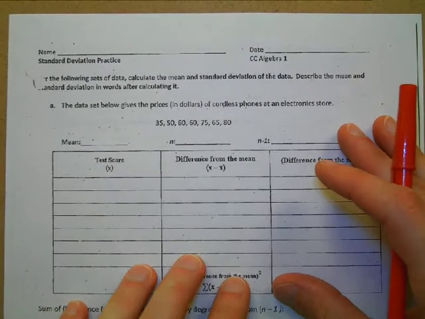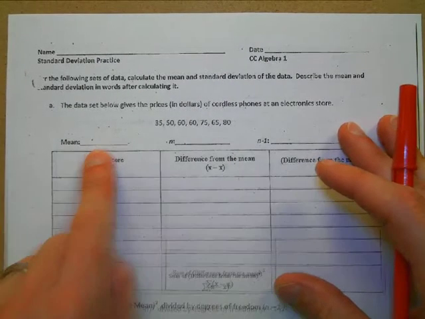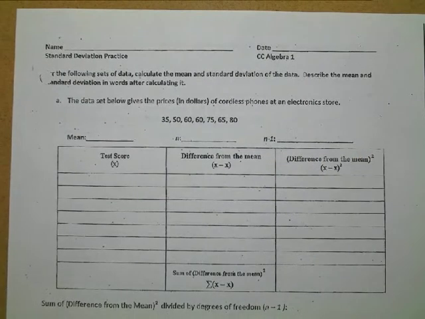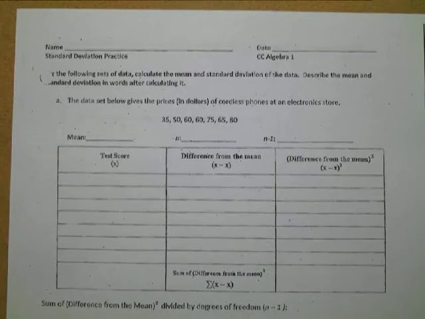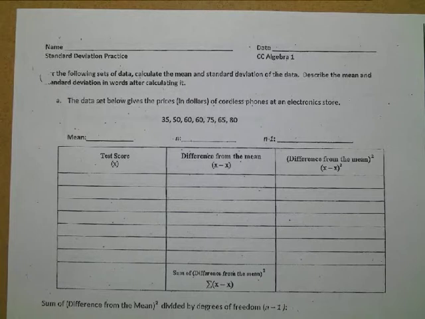So the first thing we want to do is find the mean. So go ahead, take 2 seconds, find the mean there. I guess this is price, so maybe 2 decimal places, right?